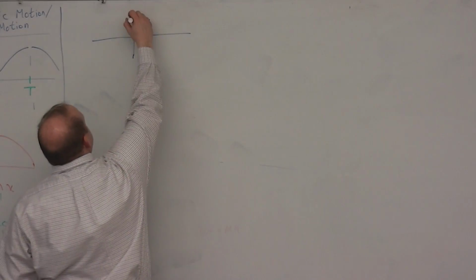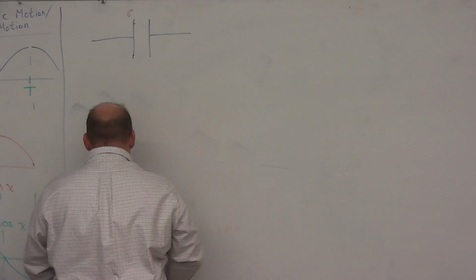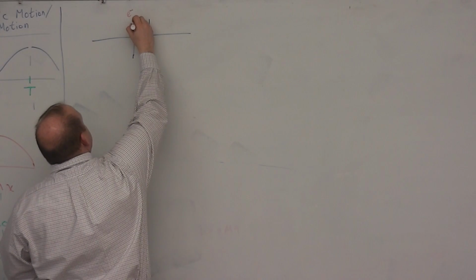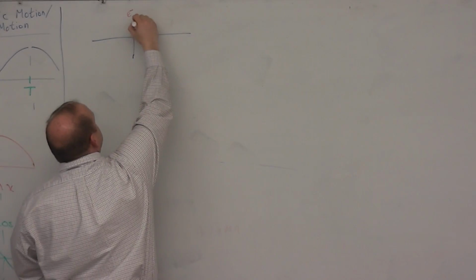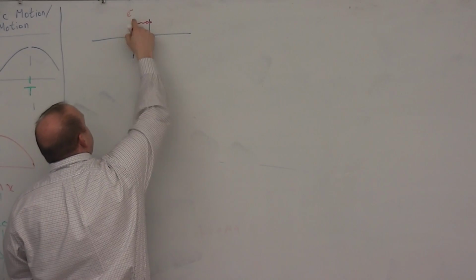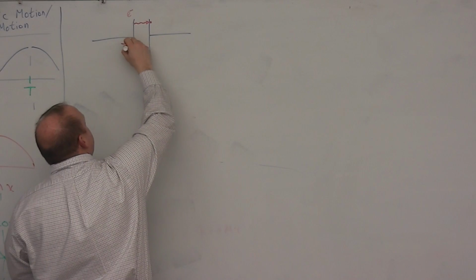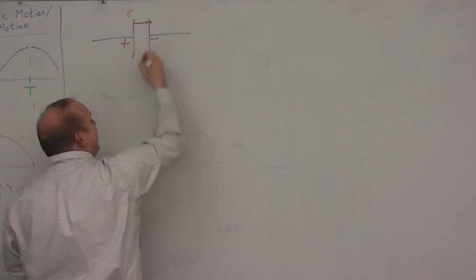I take an electron, a little tiny electron, and I move it from this plate over to that plate. So now this plate has the electron. That would make this plate, because it's missing an electron, positively charged. This plate has an extra electron. It's negatively charged.